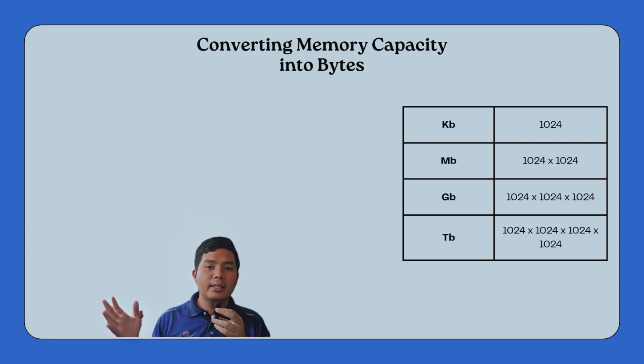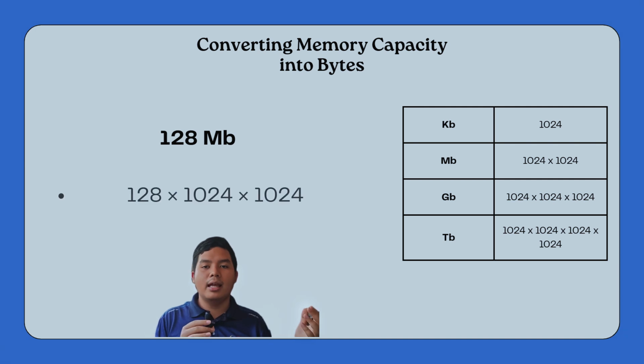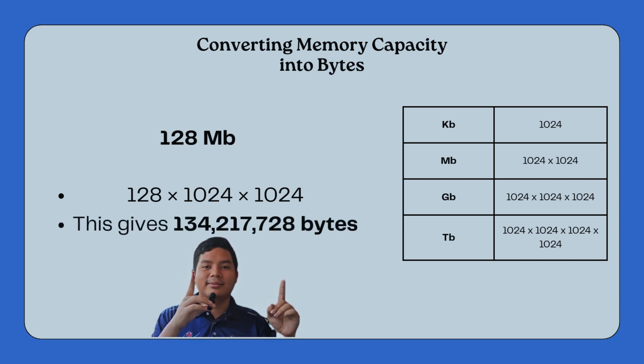So firstly, we will look at the 128 megabytes. If we refer back to this table, we see that for megabytes, we need to multiply by 1024 twice. So the calculation will be 128 times 1024 twice, and we will get this answer.